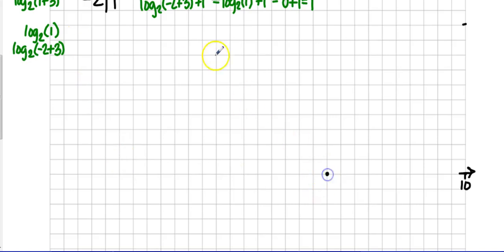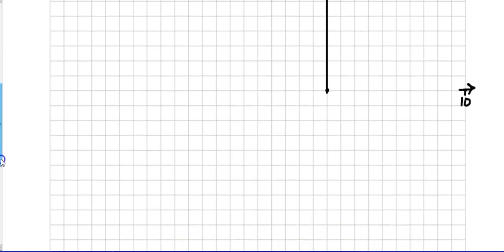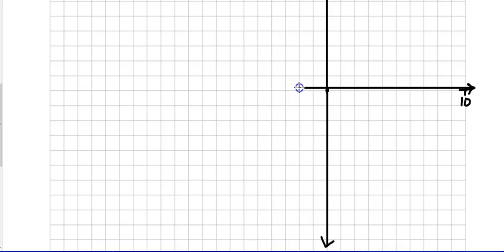So I'll make a little dot, and then I'll get my handy dandy ruler so I can make a nice straight line. 1, 2, 3, 4, 5, 6, 7, 8, 9, 10. And then same across. 1, 2, 3, 4, 5, 6, 7, 8, 9, 10.